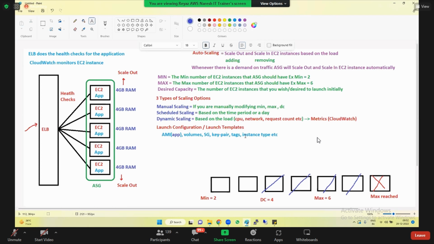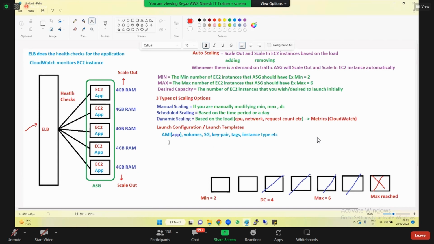So first we need to create this launch configuration, and then using it, we'll create an auto scaling group. While creating the auto scaling group, we give the details of minimum, maximum, and desired capacity. Using this launch configuration and these details, EC2 instances will get launched in this auto scaling group.